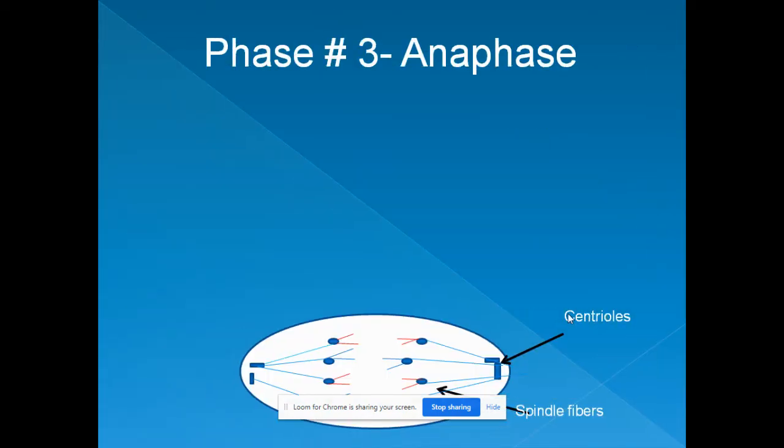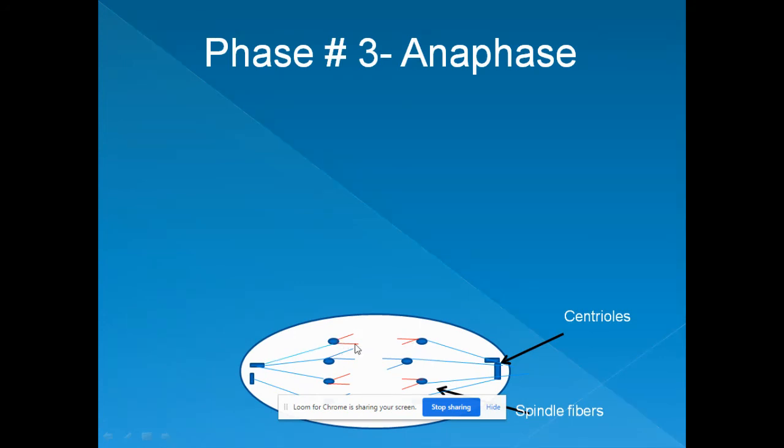Phase number 3 is the anaphase. And during the anaphase, remember the chromosomes were aligned in the middle? Well, now during the anaphase, the centriole with the spindle fiber is pulling one sister chromatid to one side, and the other is pulling the other sister chromatid to the other side, right?